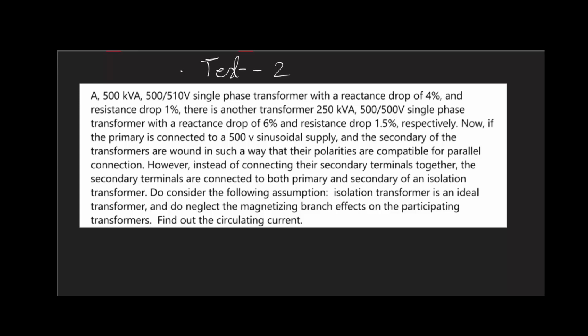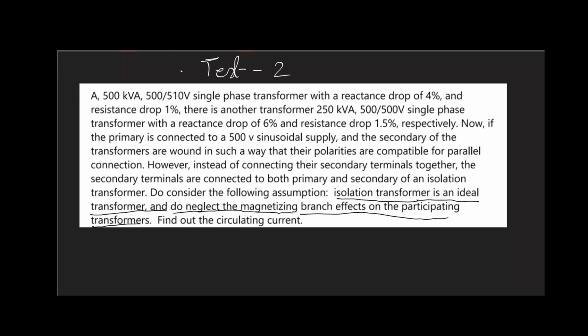Now, coming to the first question, this question's solution was already shared with you. The only part that I have made different is that one additional term is added, that is this isolation transformer, just to make the question somewhat tricky, but it actually doesn't play any role or alter the behavior of the participating transformer.